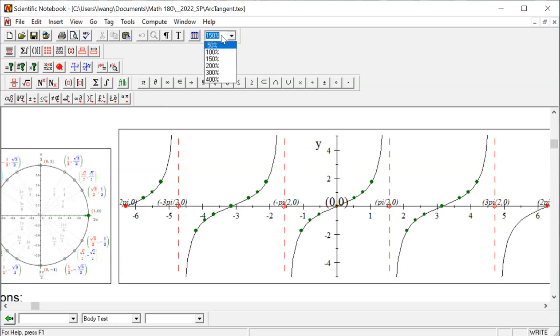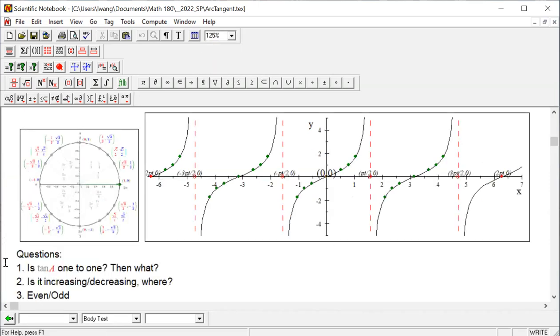And of course, last time I left some questions for you, right? One of these questions is: is it 1-to-1, from what we have graphed? If you draw a horizontal line test, what are we getting?